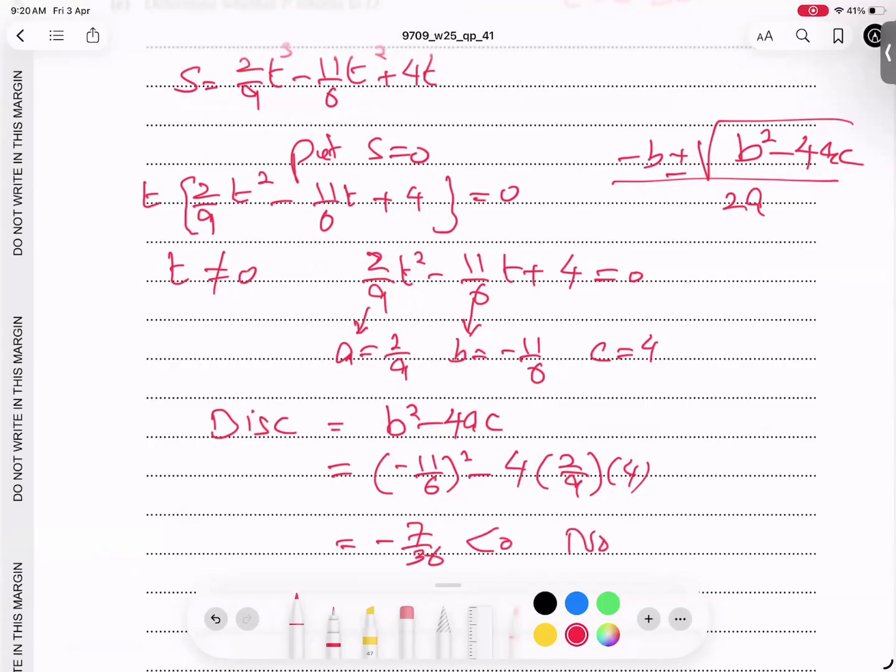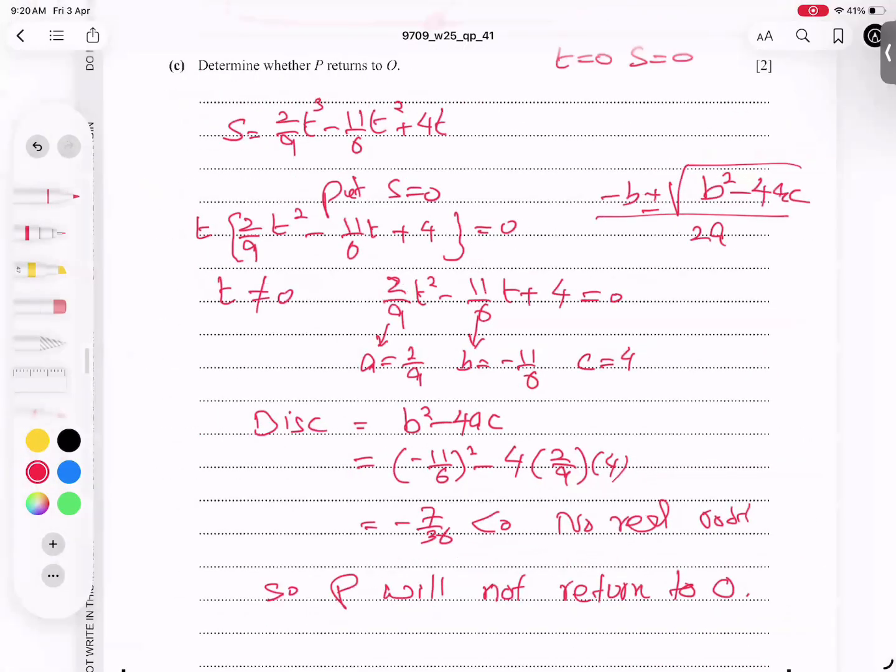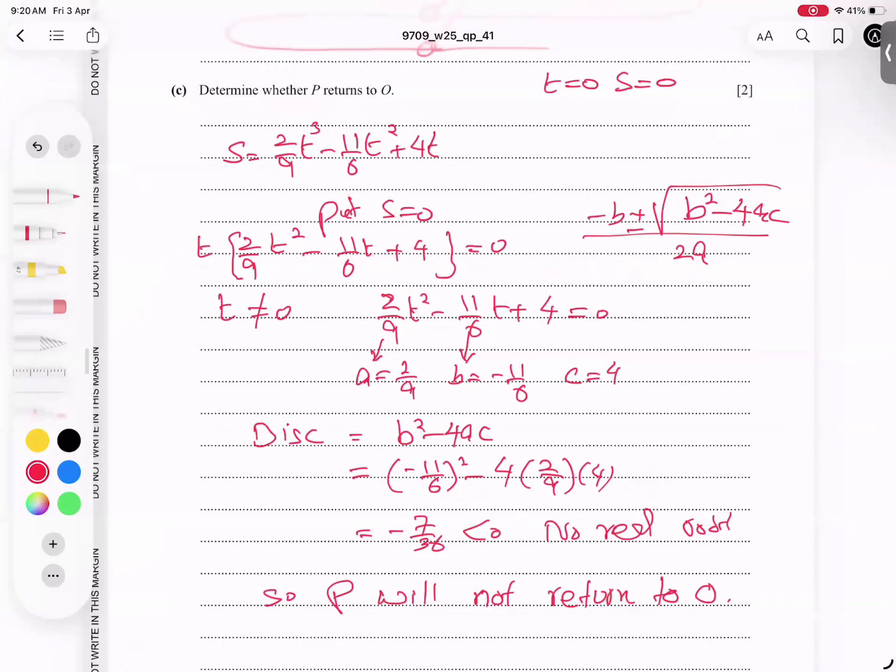So no real root will come from here. When there is no real root, P will not return to O. So it will not turn back to the observer. I hope the concept of the question is completely clear.